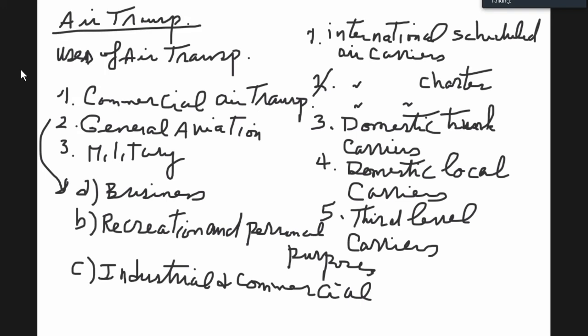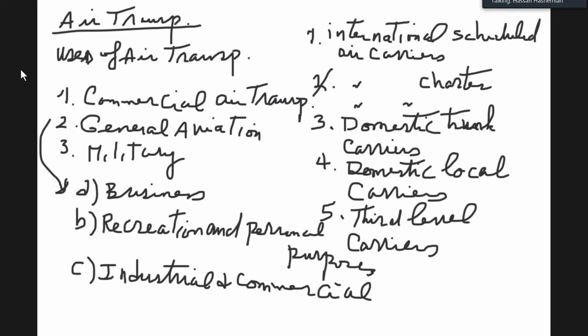We do all that with these airplanes. And then any other uses that we think of, especially in agriculture, we use that a lot. So these are the purposes of general aviation.